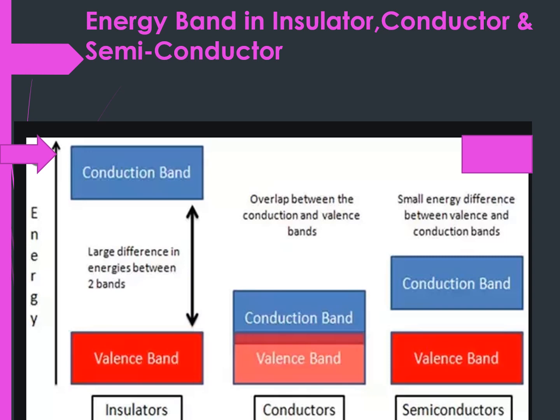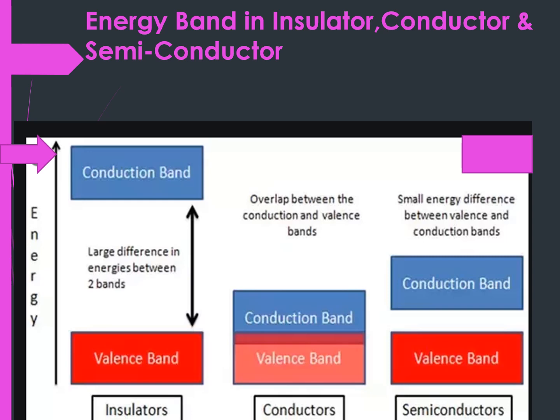Another case can be that the conduction band is partly filled and the valence band is fully filled, but there is no gap and no overlapping either. The valence band is fully filled and the conduction band is partly filled.